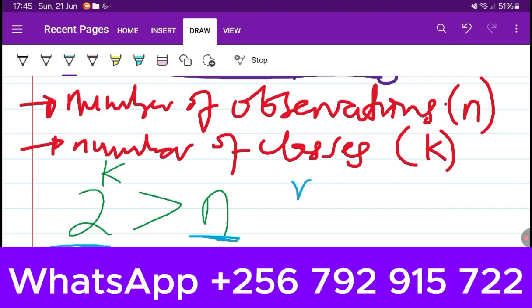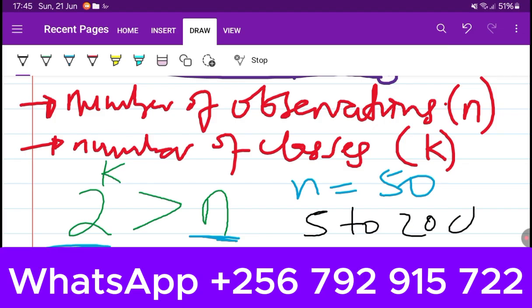For example, if our n was 50 in terms of the number of observations they have given to you in the question, and then you want to determine how many I can have as the classes. Remember, we say that classes should be at least 5 to 20 classes within this range. So what am I going to do?